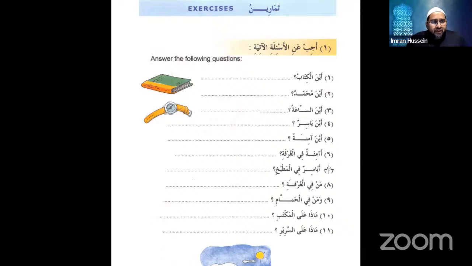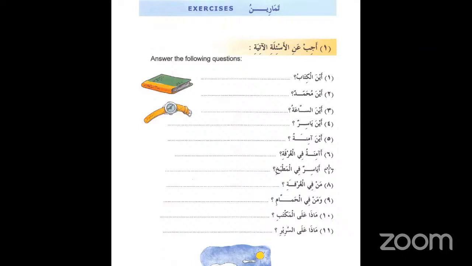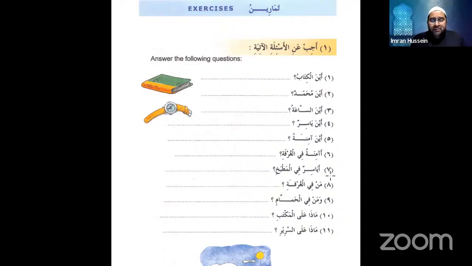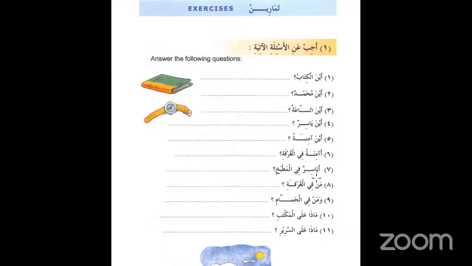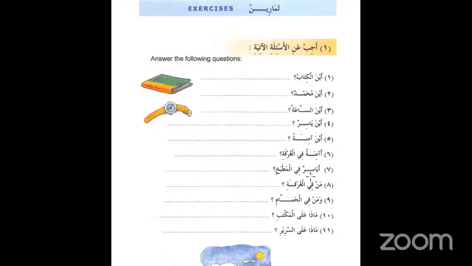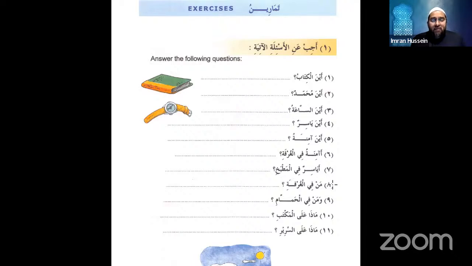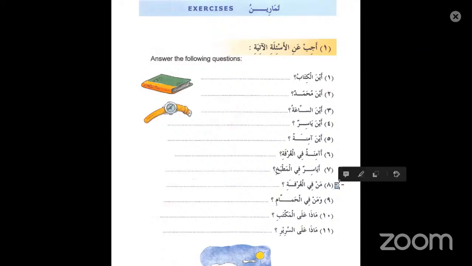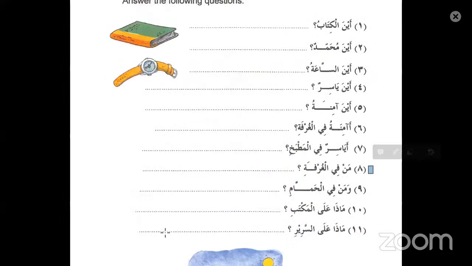Next person will be Shahida. Number 7 and 8. Where is Yasir? Read the Arabic first. Ayasirun fil matbakhi. A means is.